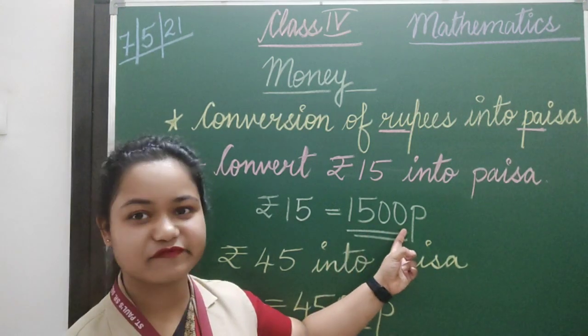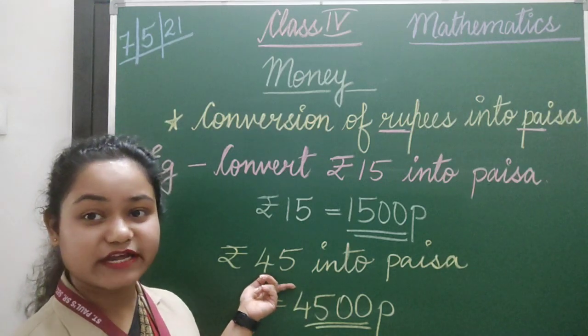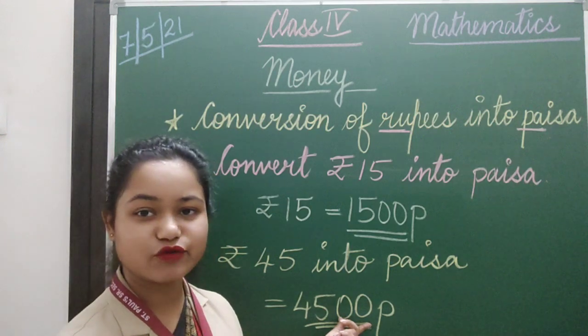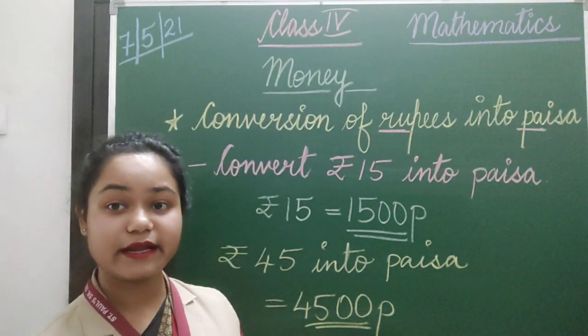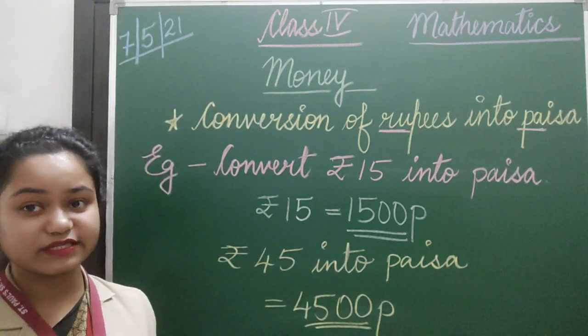So this has become 1500 paisa. Now Rupa has again given 2 zeros to 45. So here 45, behind 45 again 2 zeros are there. So this has become 4500 paisa. Okay. So just copy this down, dear students.